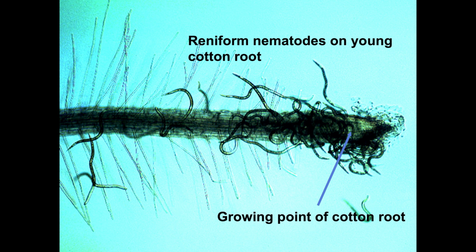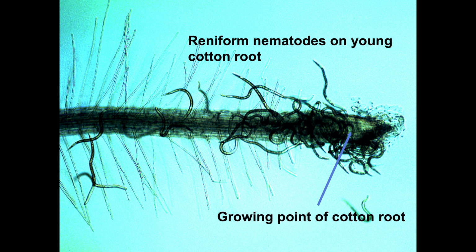Talking about our other below ground issue in cotton, nematodes. Nematodes are microscopic worms, if you will, that feed on the roots. Reniform nematode is the most prevalent in Tennessee fields, especially continuous cotton fields.